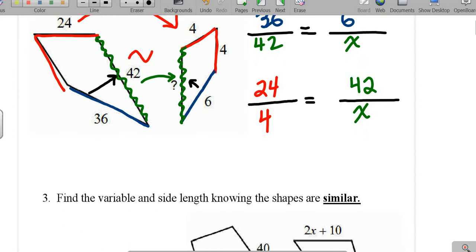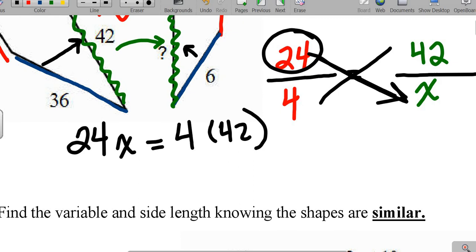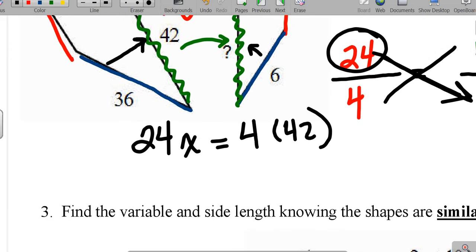So here, watch carefully, I'm going to cross multiply. I have 4 times x. Whoops, nope. It's not 4 times x. That is 24 times x equals 4 times 42. The key to multiplying is not multiplying, it's factoring. Let me show you what I mean.